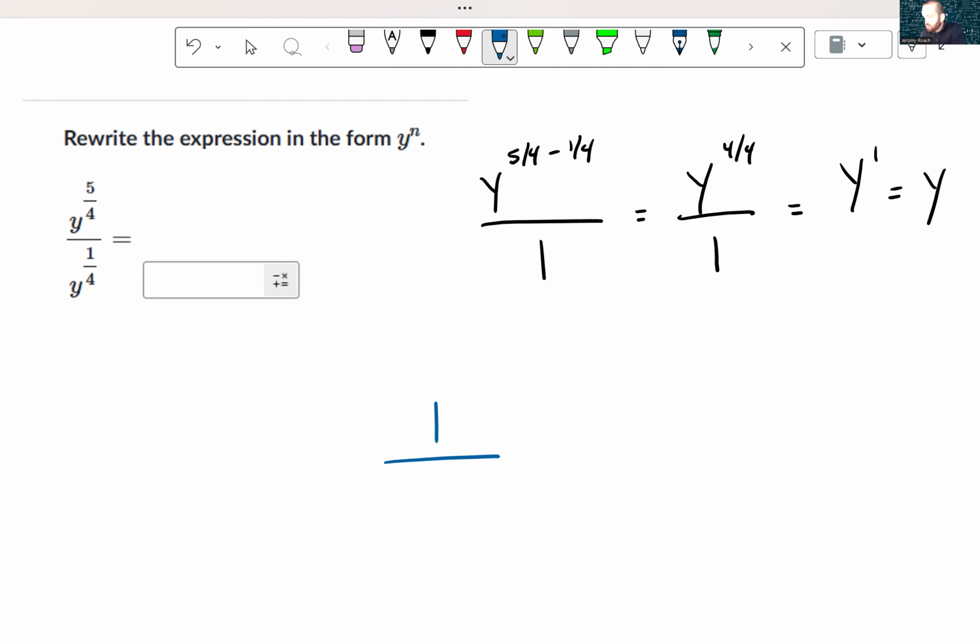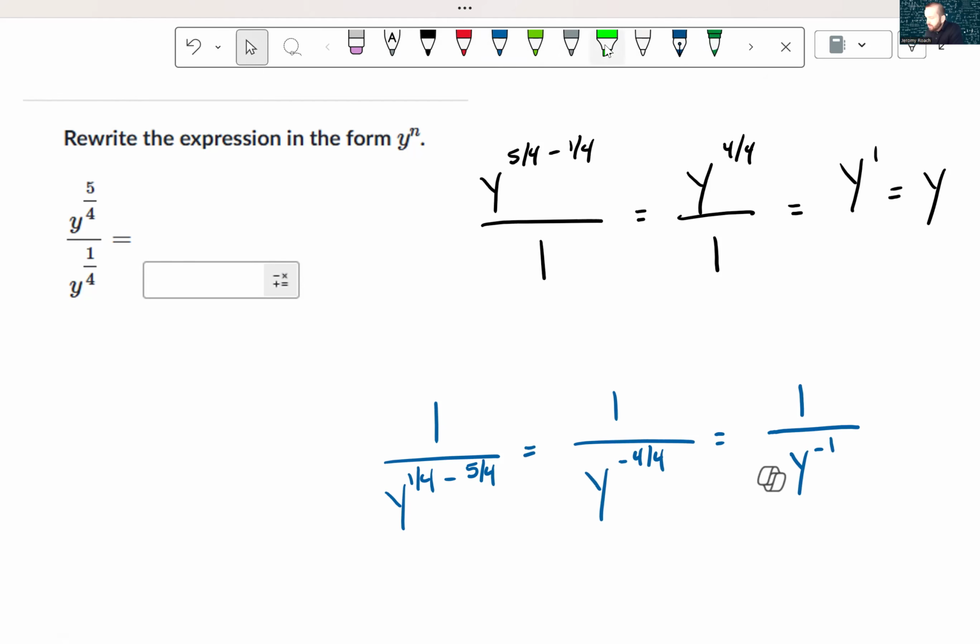And you might be thinking, well, that's going to give us a fraction with a 1 over something. How could that equal y? We'll see here in just a second. So this is y to the 1/4 that's already there on the bottom. And then we're going to minus 5/4 from that. So that gives us 1 over y to the negative 4/4, which is 1 over y to the -1.